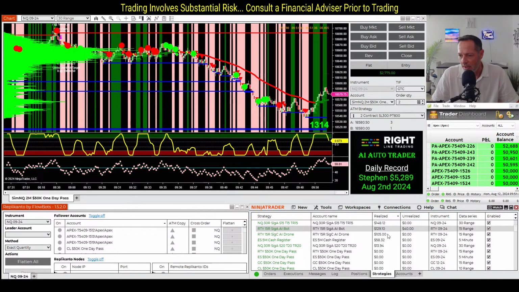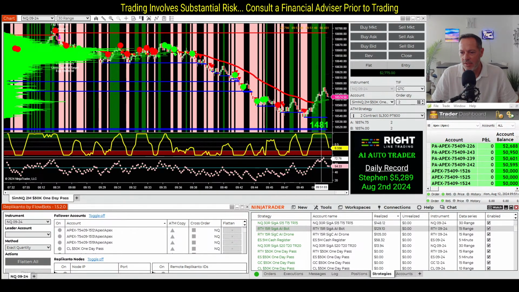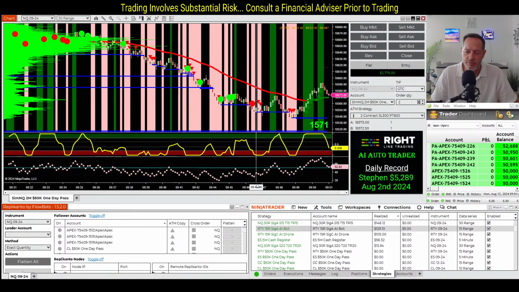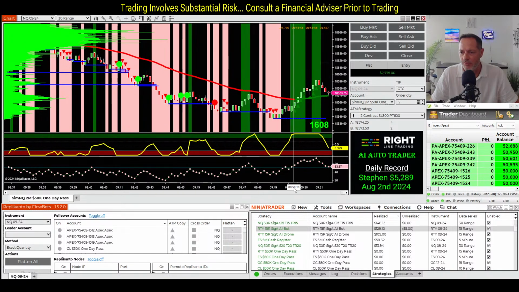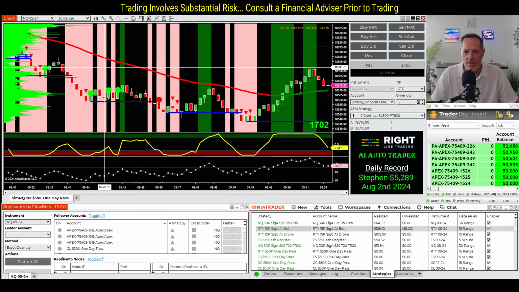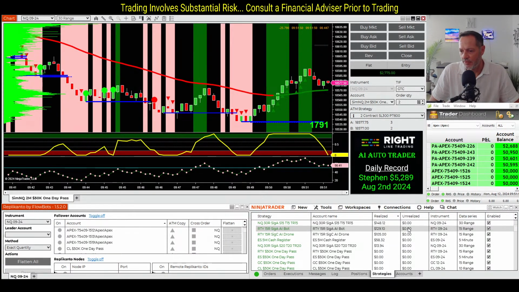There are a lot of machine learning algorithms going on behind the scenes, looking at a lot of different indications of price movement, volume movement, contract movement, and different data sources to try to predict the future direction of price. So we're going to flatten all these strategies that are trading right now.